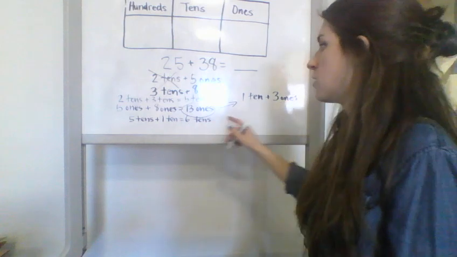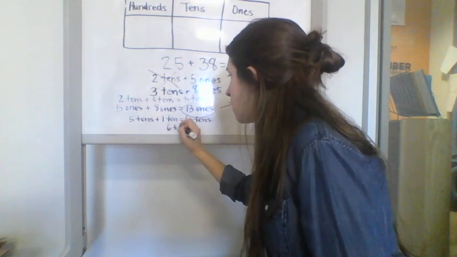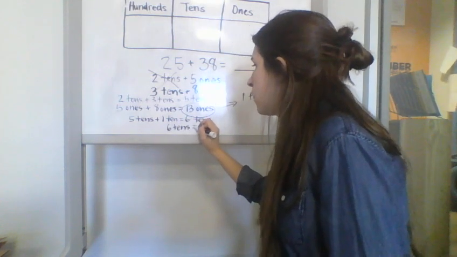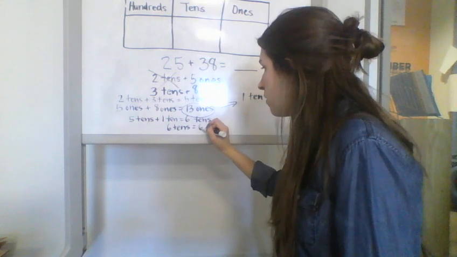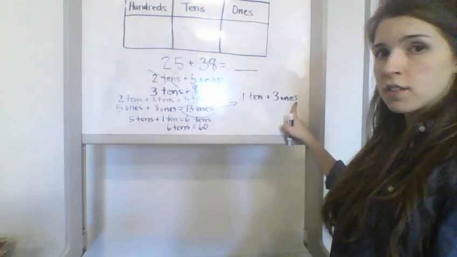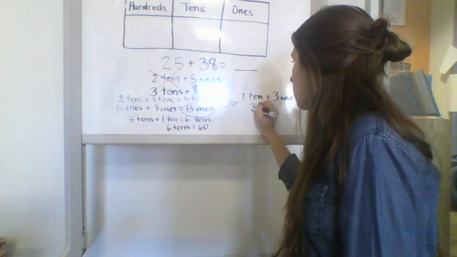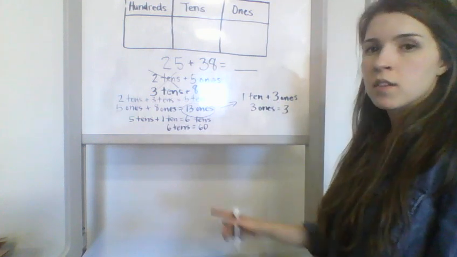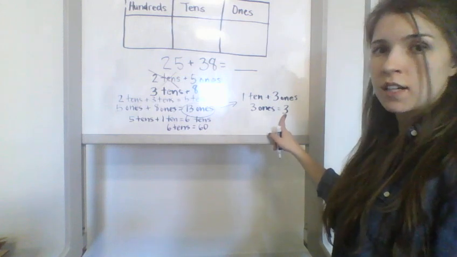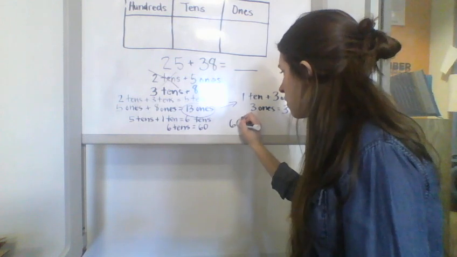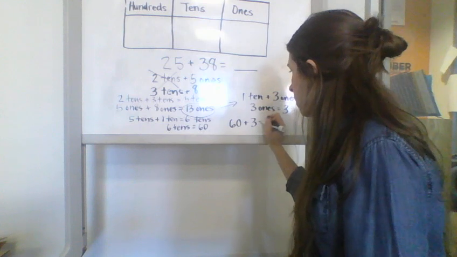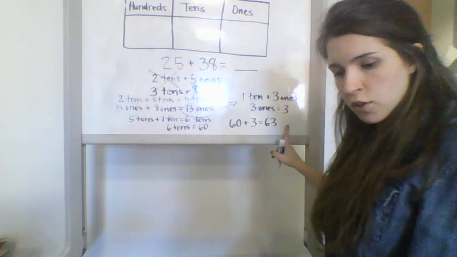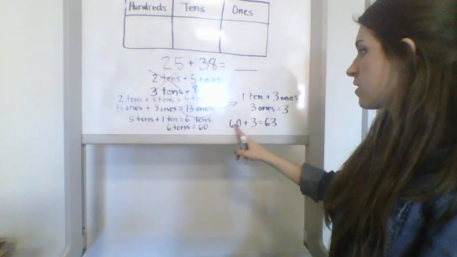So just 3 ones. So 6 tens equals 60. And 3 ones equals 3. So 60 plus 3 equals 63. So your answer for the first one is 63.